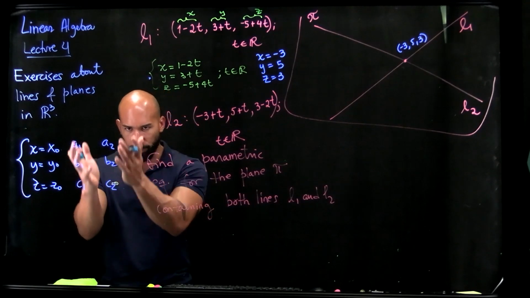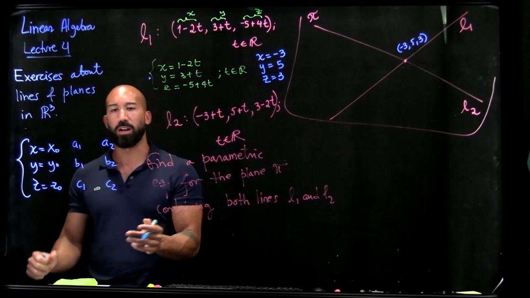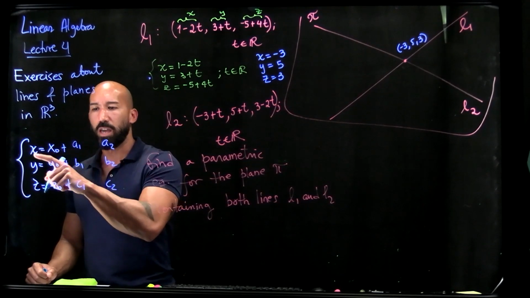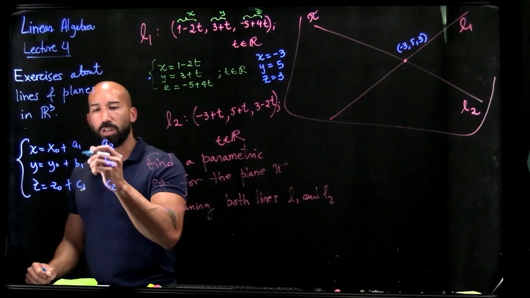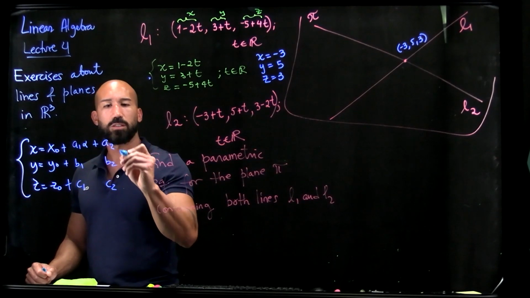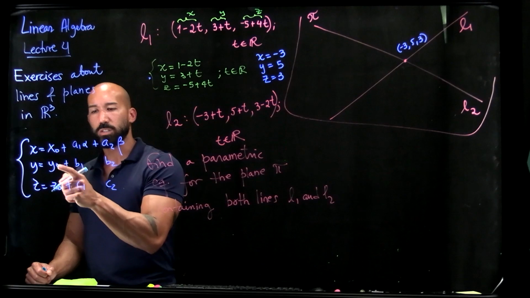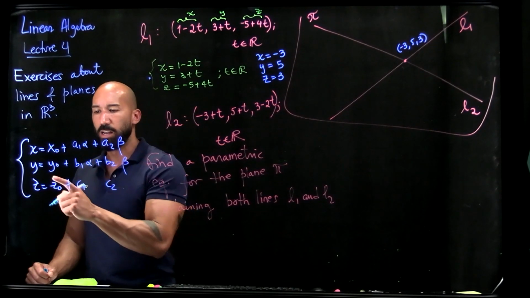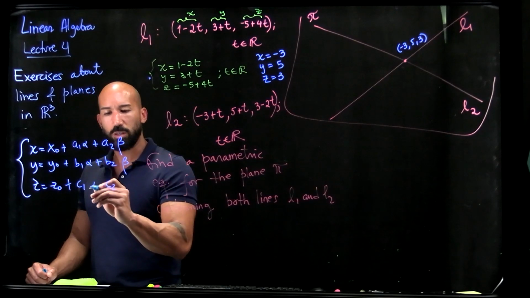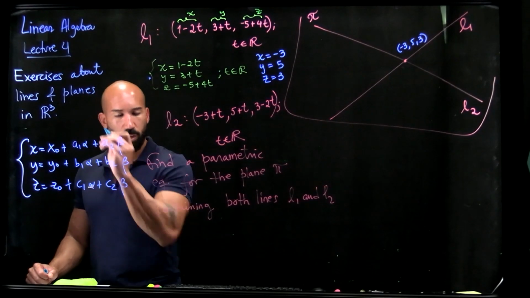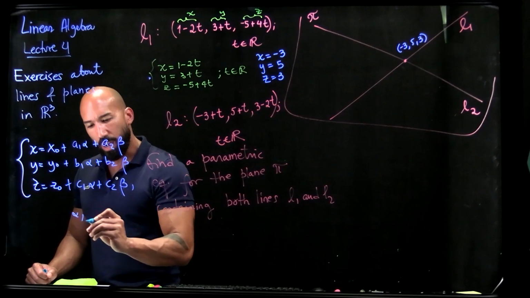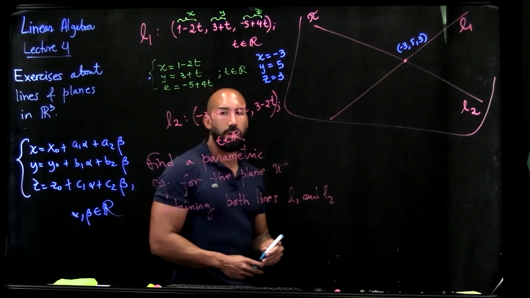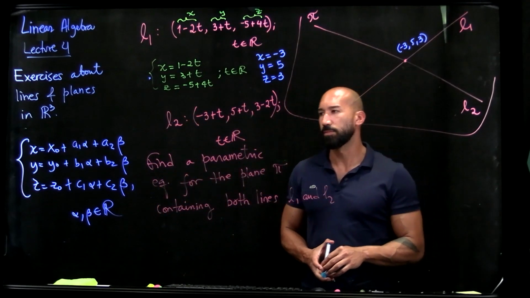If we look at the two vectors themselves, they are non-parallel. Is that okay? And that parametric equation becomes x equals x0 plus a1 alpha plus a2 beta, y equals y0 plus b1 alpha plus b2 beta, and z equals z0 plus c1 alpha plus c2 beta, where alpha and beta are real parameters. Is that okay?